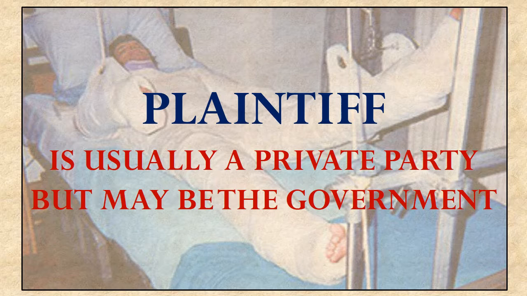Yes, the government prosecutes people for having committed crimes, but the government can also be harmed. For example, if somebody were to damage government property, maybe the government would then bring a civil law case against them, called a lawsuit, and say, hey, I want you to pay for whatever it was that you damaged.